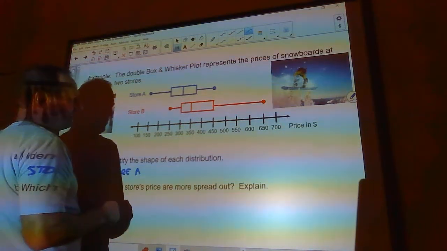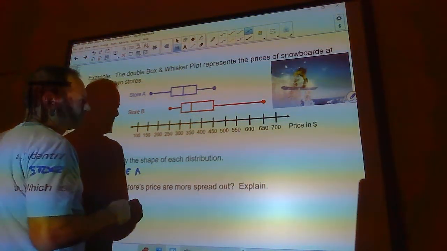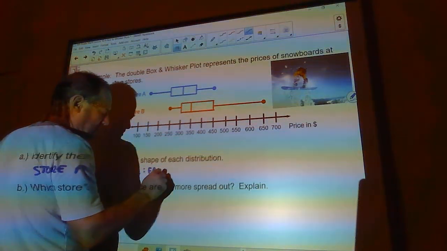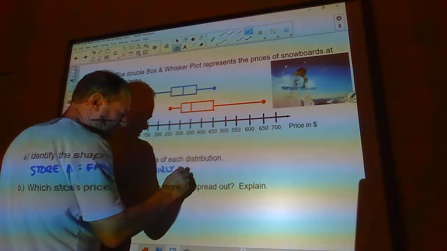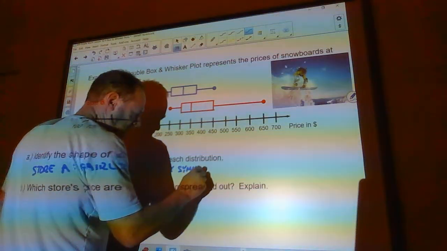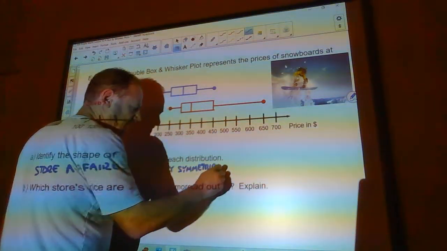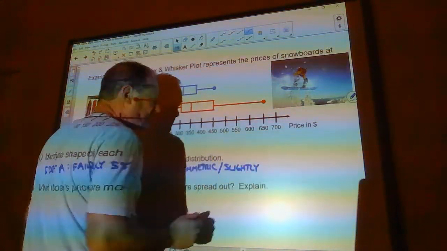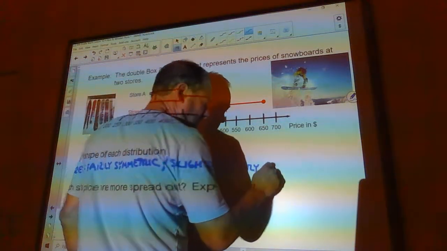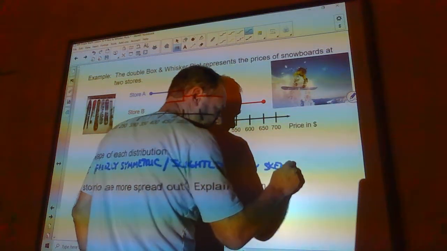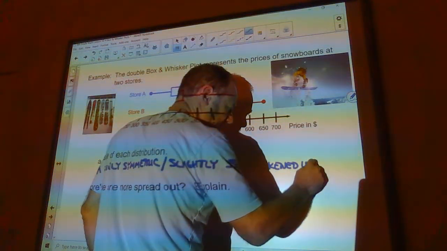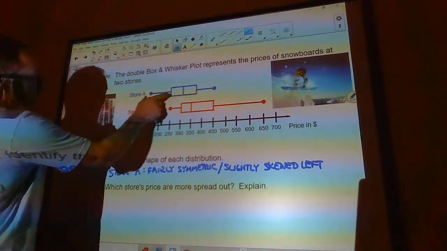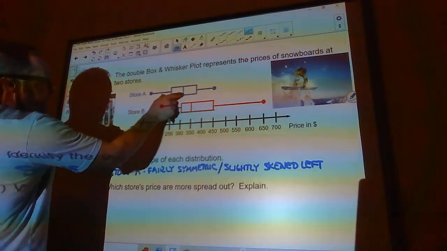But I would say that it's fairly symmetric. Or you could say that it's slightly skewed to the left. And it's slight. I mean, there's not much more here than there is here.